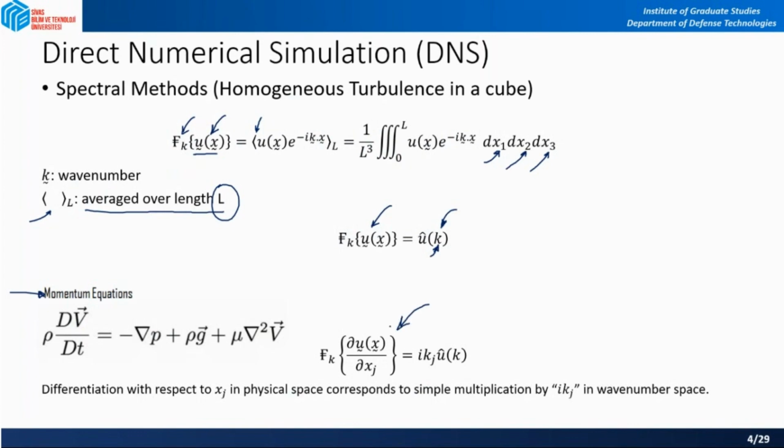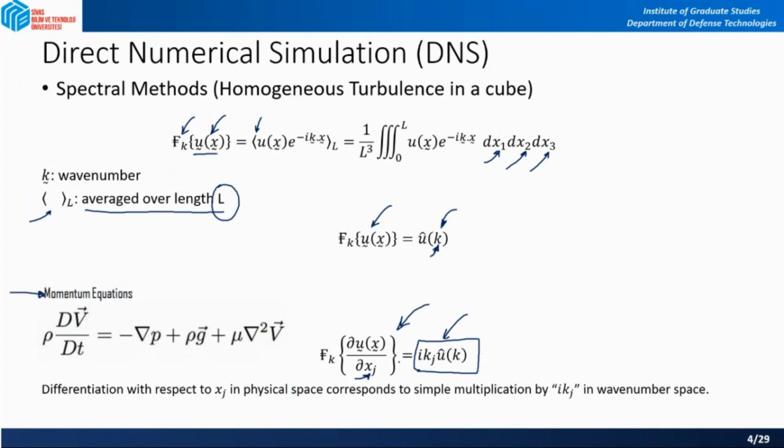Okay, it's a mathematical thing. So if f of u is uk, f of the spatial derivative of u will be something like this. It is just ik times u. We don't actually want to know why it is happening, but it's a mathematical thing. You just keep it in mind.